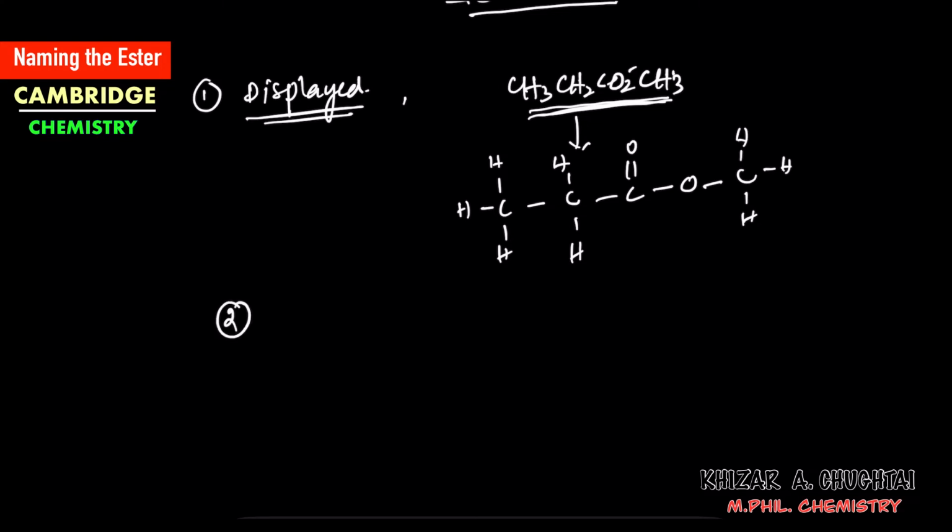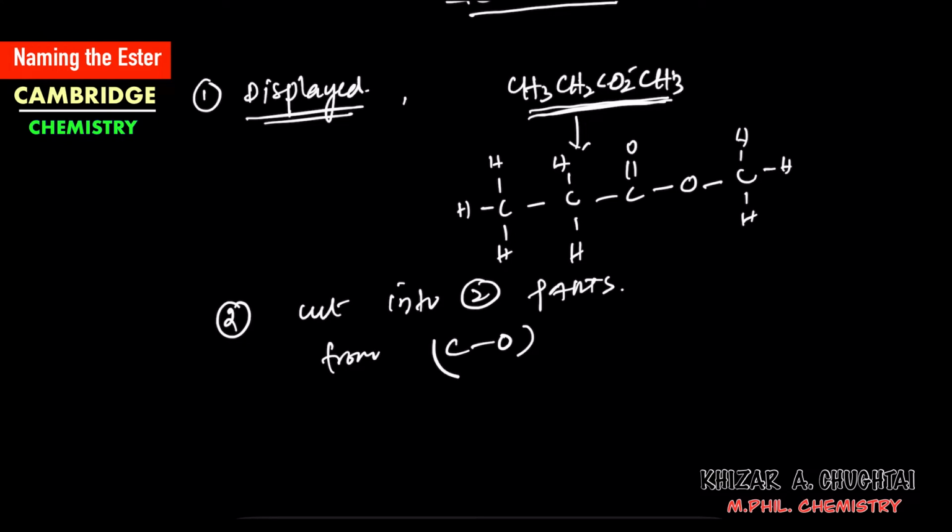Now the second step is to imaginary cut this molecule into 2 parts. You should cut this molecule in such a way that you cut it from a C single bond O. So there are 2 C single bond O. Here is one C single bond O, and the next one is this one.